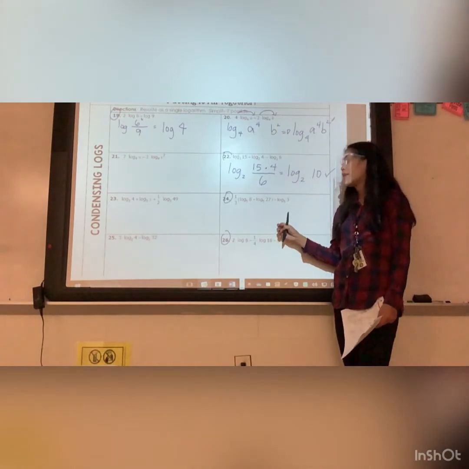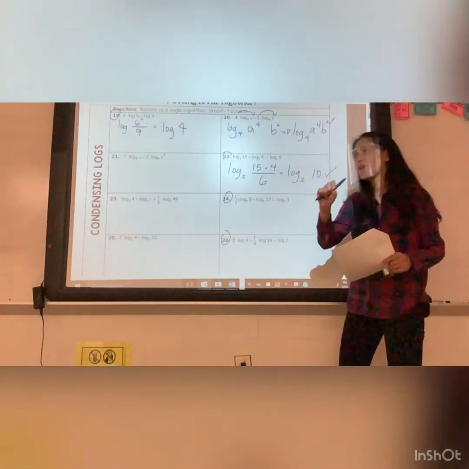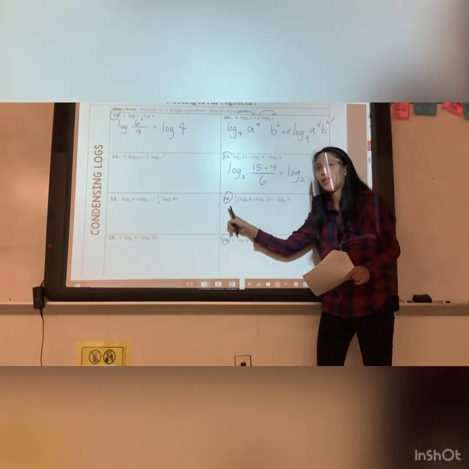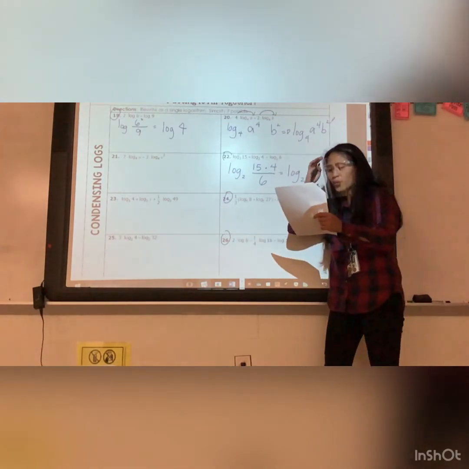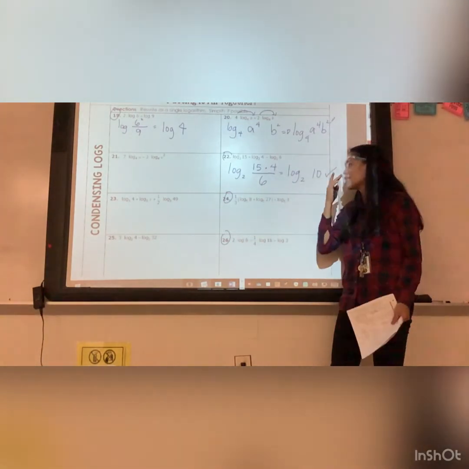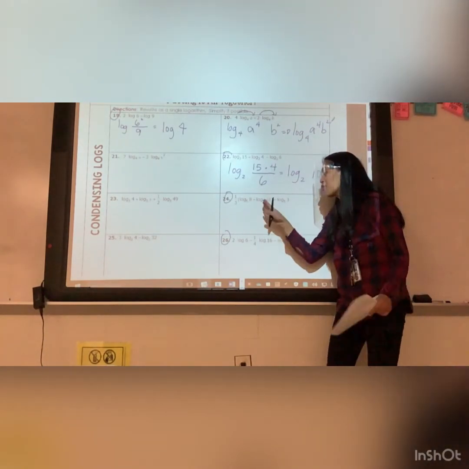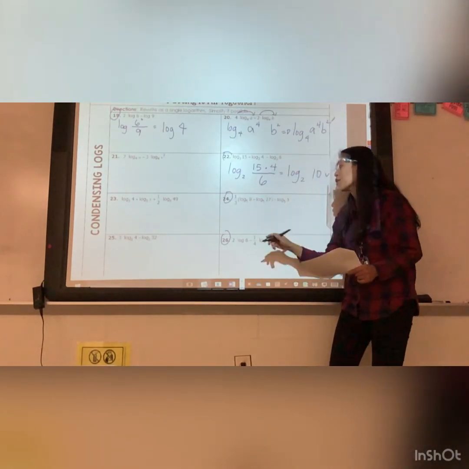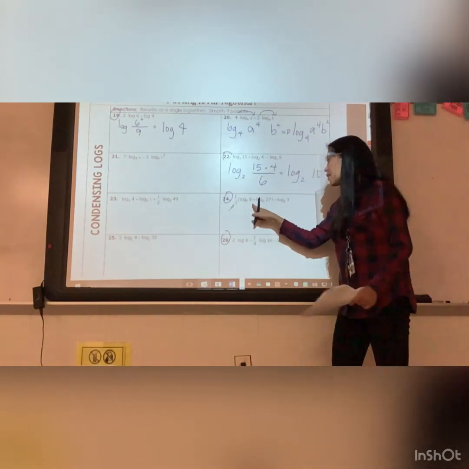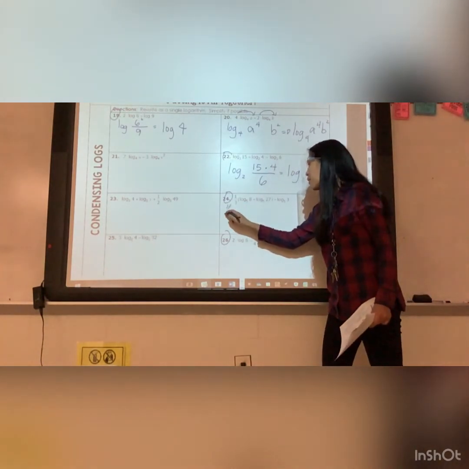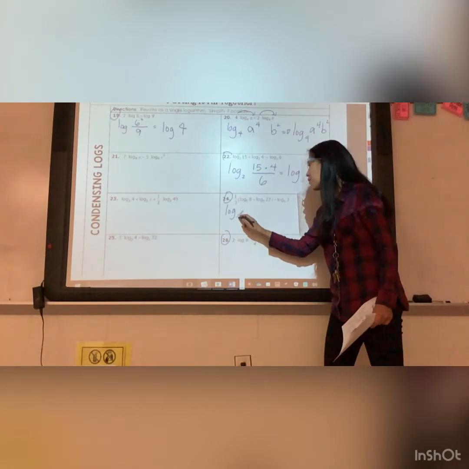Let's now proceed with number 24. Guys, there is a fraction here. What we are going to do with the fraction is distribute it to each of the terms inside the parentheses. So it is going to be like this. It is addition, so you have your log, base of 5.